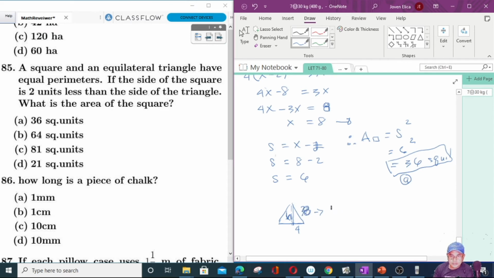To solve the height of the triangle using the Pythagorean theorem, h squared is 8 squared minus 4 squared, which is 64 minus 16, so h is the square root of 48.